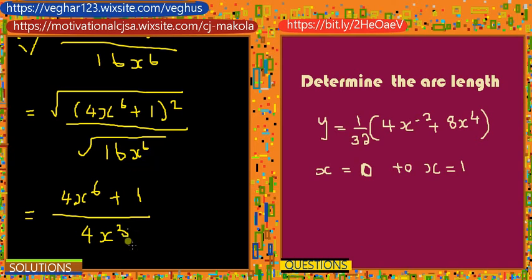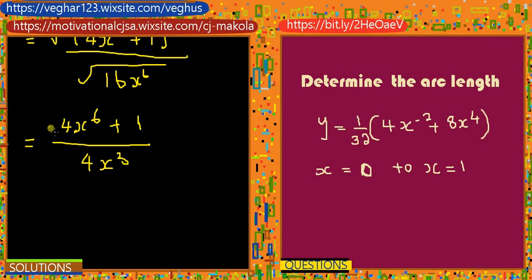It's like raising this one to a half, so you just divide the 6 by 2. And then from here we can divide by 4, by 4 times, plus 1.